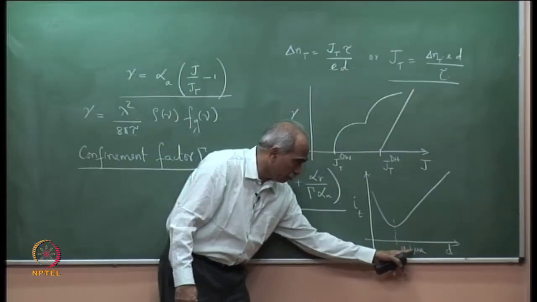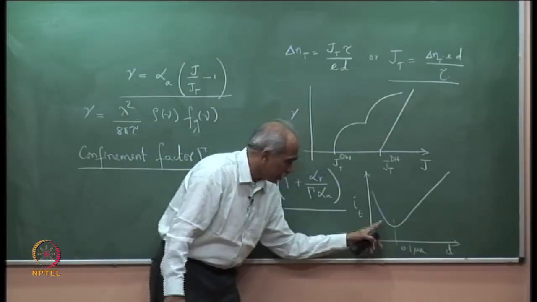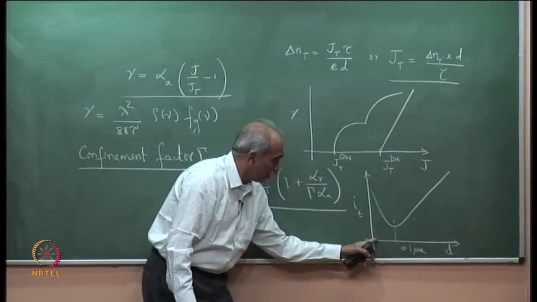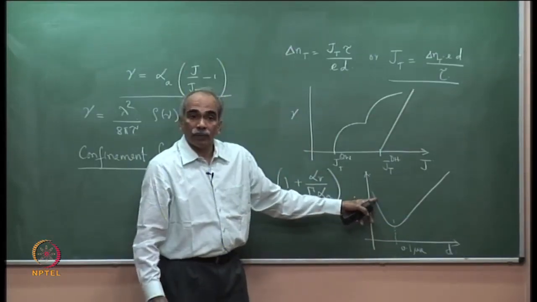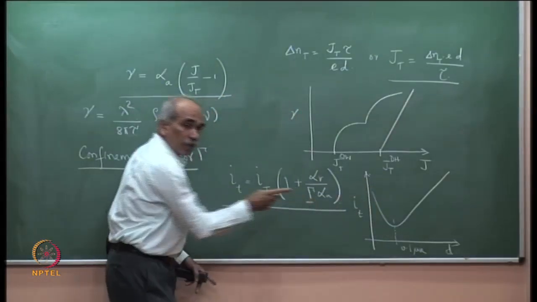This is 0.1 micrometer, which means 100 nanometer, whereas for the quantum well structure it is further down here. Therefore, we would expect the threshold to go up. But why does this threshold go up? Because of the factor gamma, confinement factor.